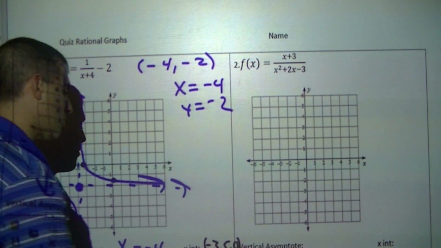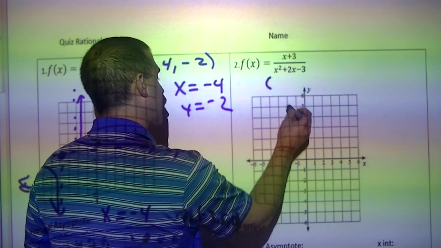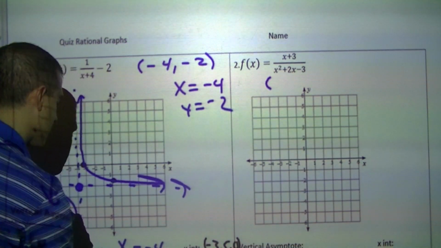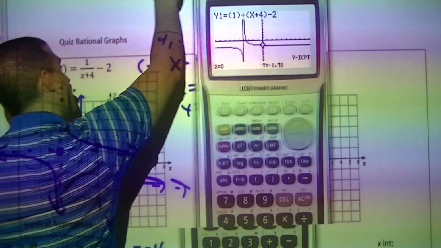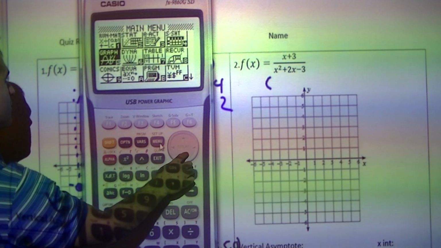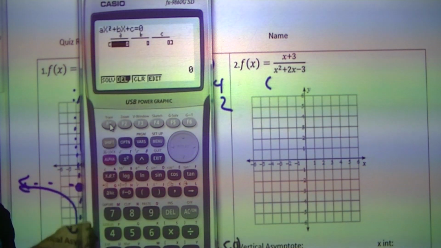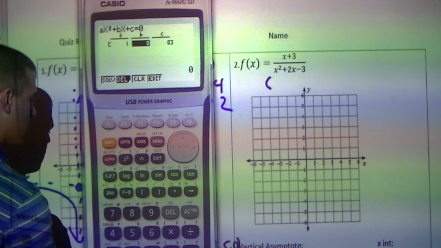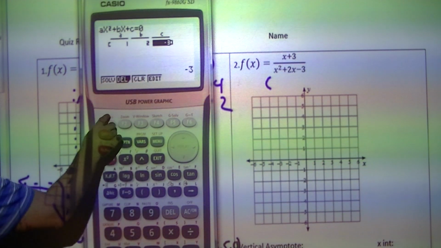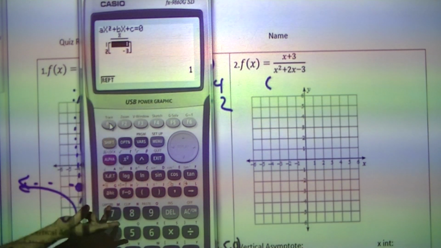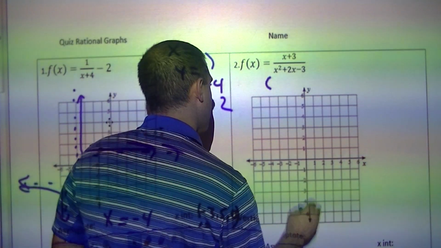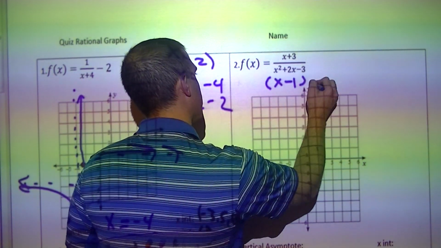Number 2, what you have to do first is factor this part. If you need to use your calculator, please do. Go into Equa, polynomial, degree 2, 1, 2, negative 3. Solve. All right, so that's x minus 1, x plus 3. Remember, you have to switch those. x minus 1, x plus 3.